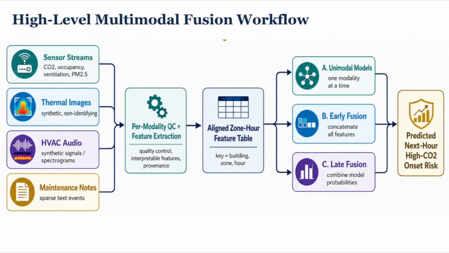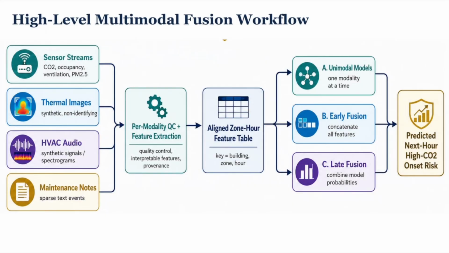Here we have the high-level multimodal fusion workflow. The figure summarizes the on-tier week 8 architecture. Let's start from the left. On the left side, we have our four sensor streams: thermal image, HVAC, audio, and maintenance notes. Each modality first passes through its own quality control and feature extraction stage.